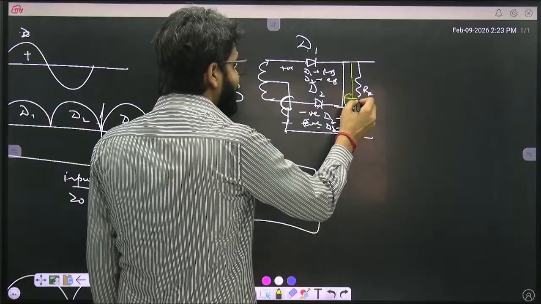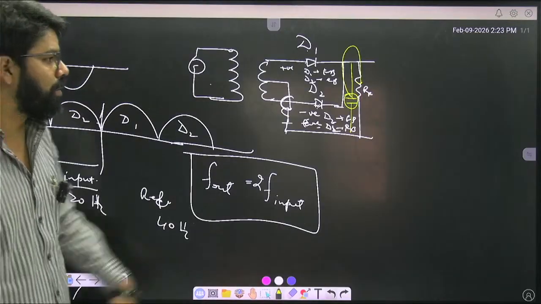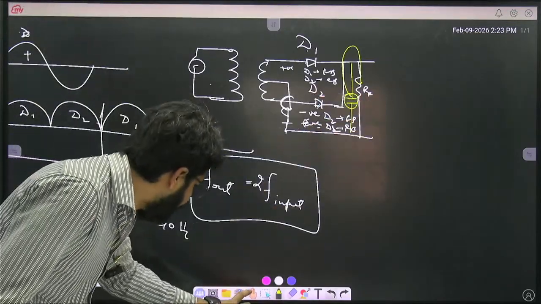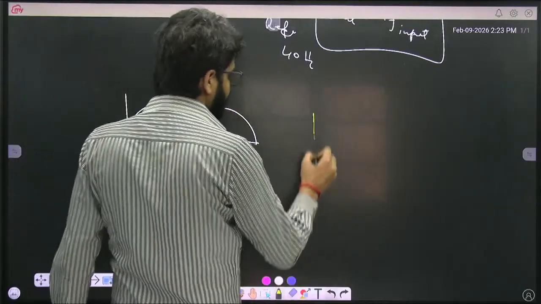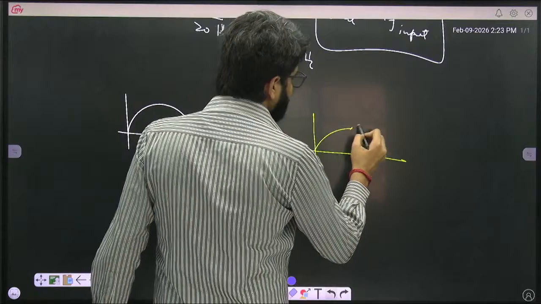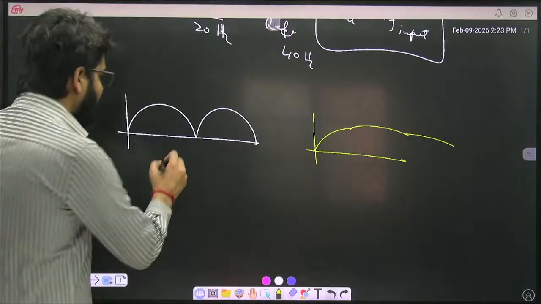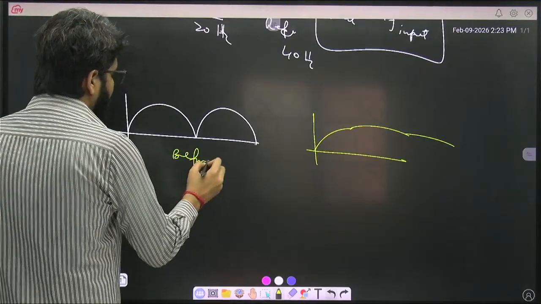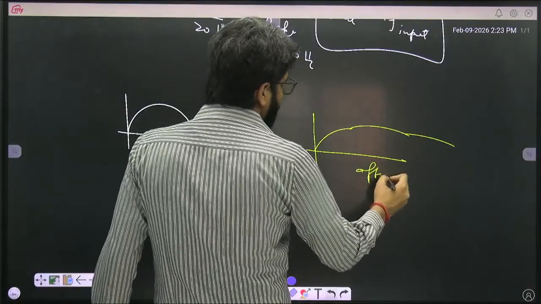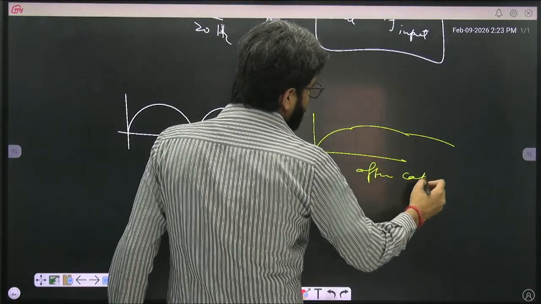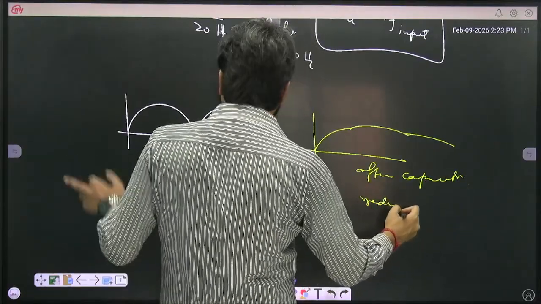First of all, this capacitor gets charged, and then it supplies the current to the load. That is why the current remains almost constant, like this. This is before the capacitor, and this is after the capacitor. So this capacitor is used to reduce the ripple effect.